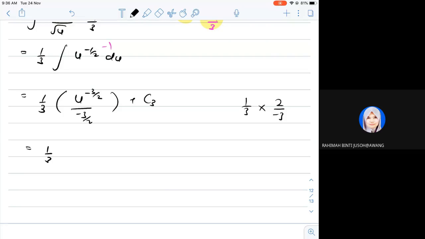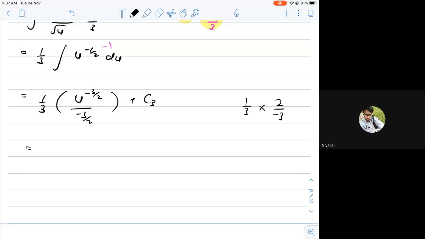Negative 1 over 2 minus 1 should be negative 3 over 2. Okay, correct, negative 3 over 2. So we will have 1 over 9, isn't it? Negative 2 over 9, right?